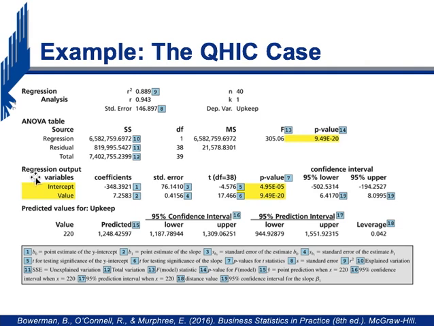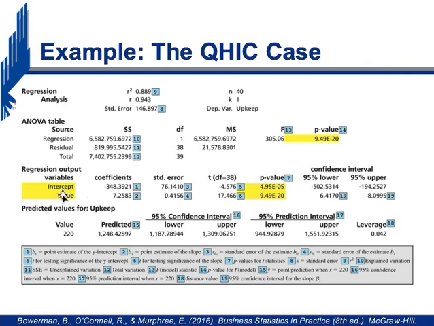Next, we can look at other regression results. We have here a row for the intercept and a row for the independent variable. The intercept row indicates the coefficient and some computations for the y-intercept. The next row is for the coefficients and the computations for the independent variable.